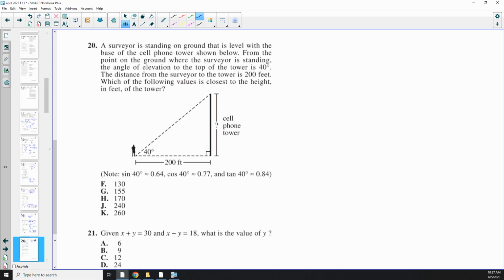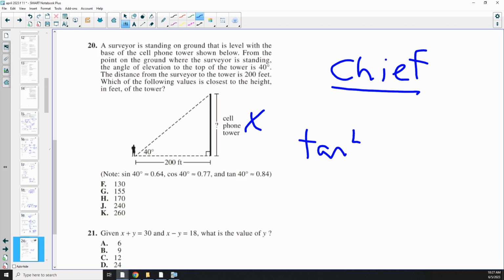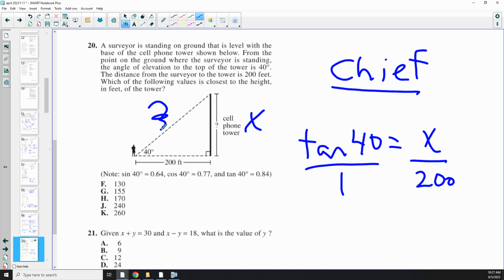Classic SOHCAHTOA. We're looking for the leg. If you like, you can get a reminder. You actually need SOHCAHTOA for this because it's tangent, because we have the opposite over the adjacent. The hypotenuse is out here and is not involved in the problem.